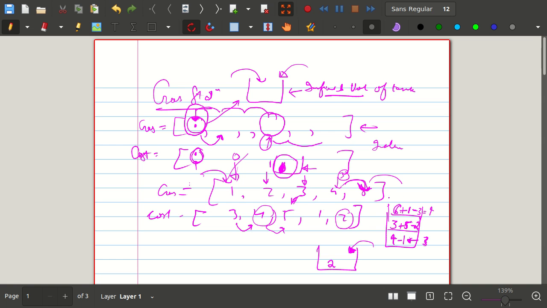So with 4 amount of gas we can move to the first index, and there we can have 4 plus 2, 6 amount of gas, and the cost will be 4. So 4 plus 6 minus 4 will be 2. With 2 amount of gas, we can move to the next index.